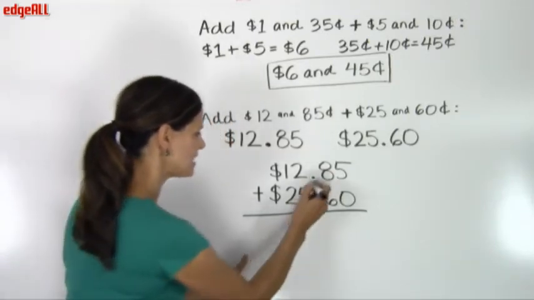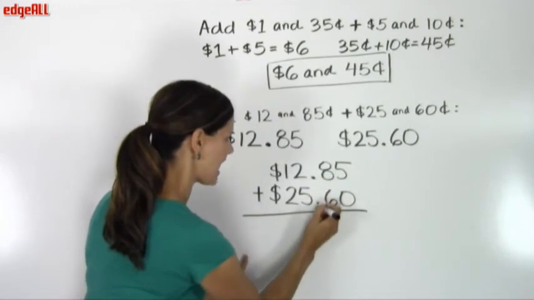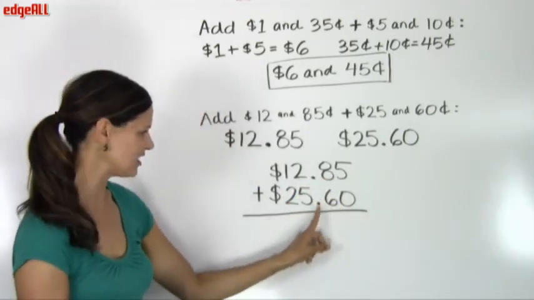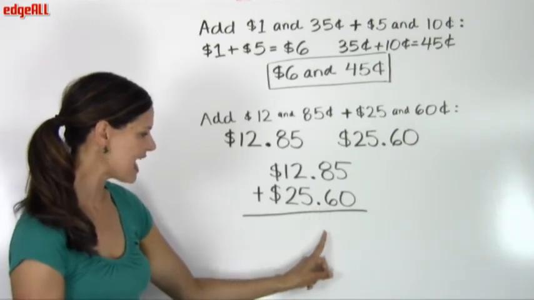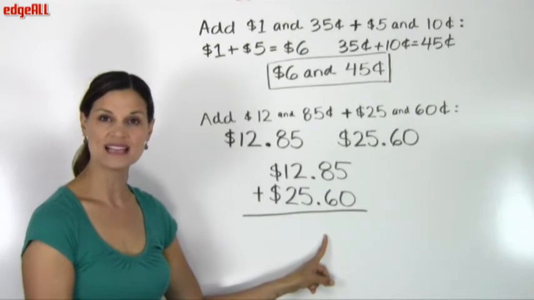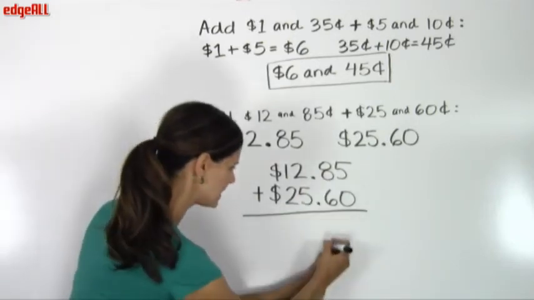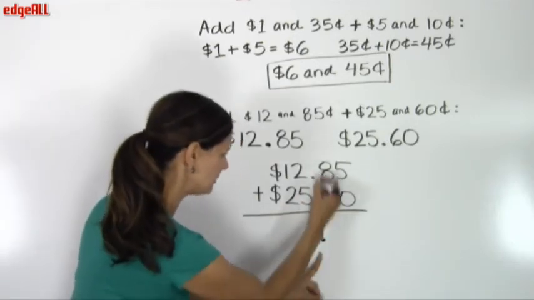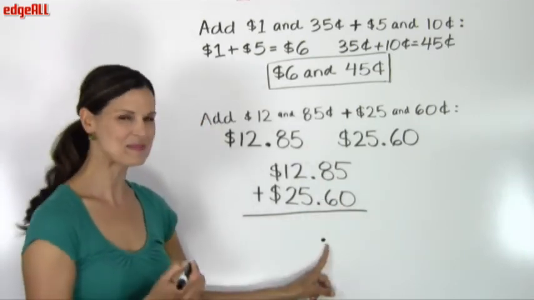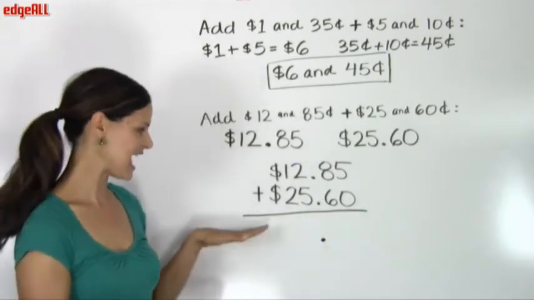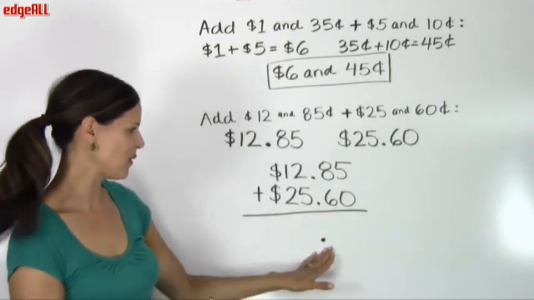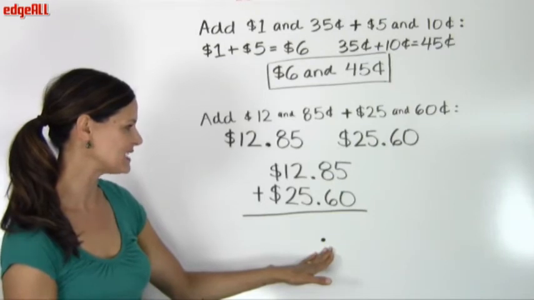And I want to make sure that I have aligned my points, which I did here as I wrote them. And then before I even go and do the calculations, I want to place a point right here lined up with these that are in the problem. I'm going to place my point right here in the answer line so that when I get my answer, I have the point in the correct spot.